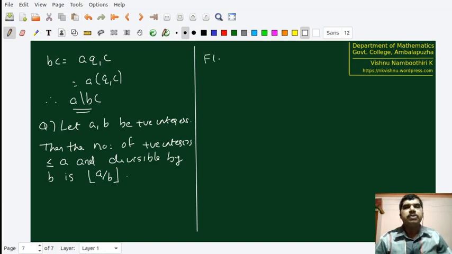So the definition of the floor function, or greatest integer function.